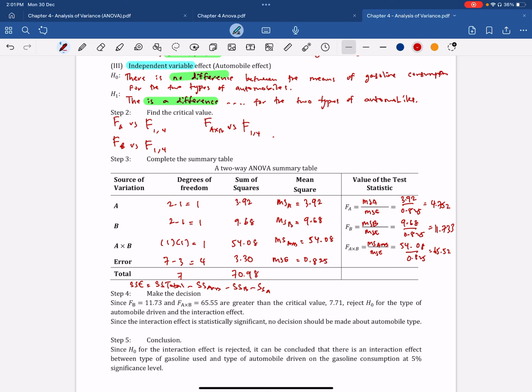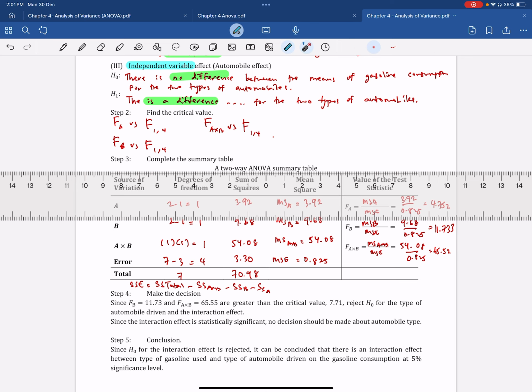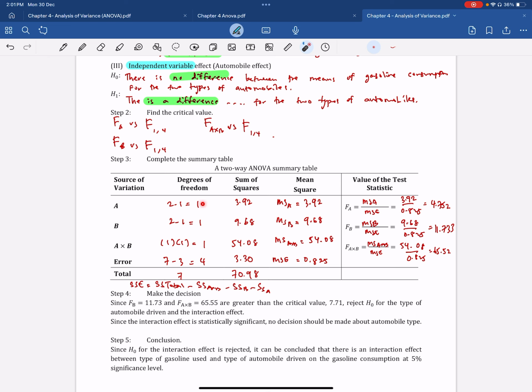For these particular cases, as we can see here, the degree of freedom for V1 and V2 is the same.